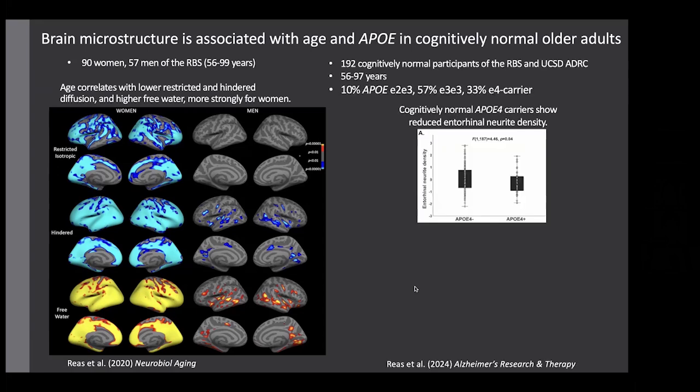Next, we wanted to understand whether these diffusion MRI metrics could be picking up on changes that happen in cognitively normal individuals at genetic risk for Alzheimer's disease, before any cognitive symptoms appear. We found that individuals who carry one or more copies of the ApoE4 gene, the strongest single genetic risk factor for Alzheimer's disease, showed lower neurite density in the entorhinal cortex, a site of very early tau accumulation and atrophy in Alzheimer's disease.